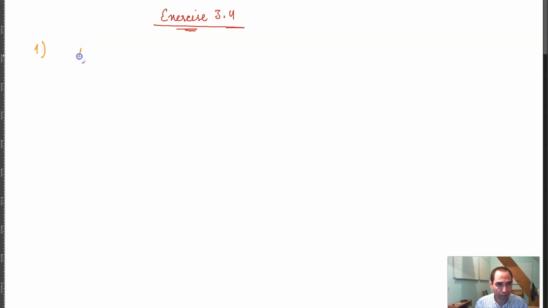So let's say that, for example, you have matrix A, which is basically 1, negative 1, 1, negative 1, 2, and 3. Now, we want the inverse of this matrix, if it exists.